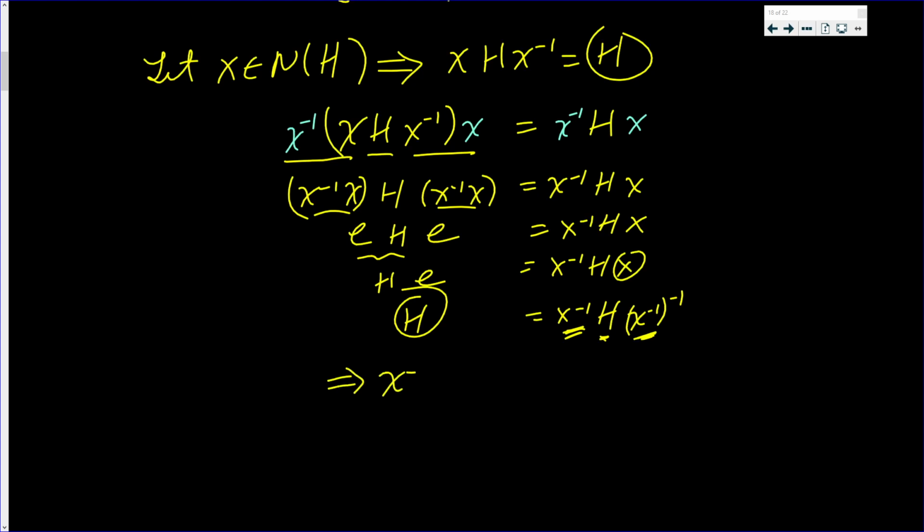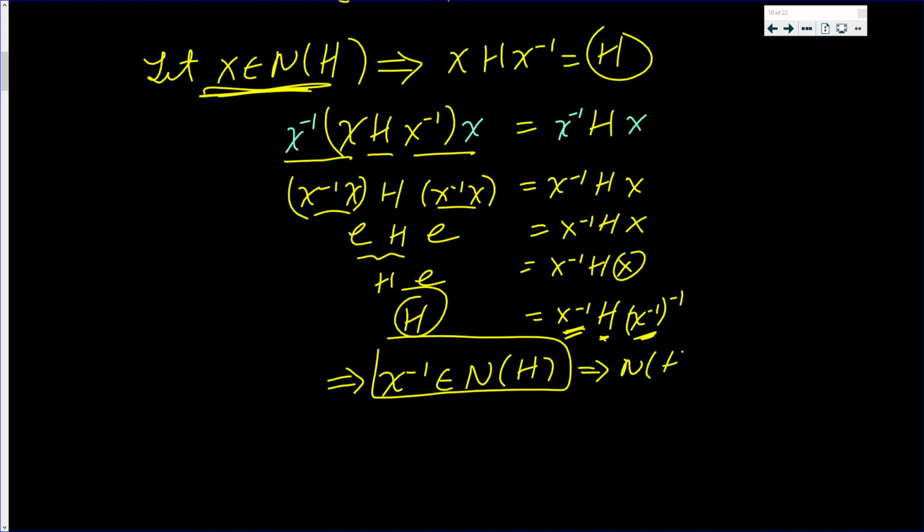By definition of N of H, that implies X inverse is in N of H. We started with X being in N of H, and we concluded that X inverse is in N of H. This implies N of H contains inverses.